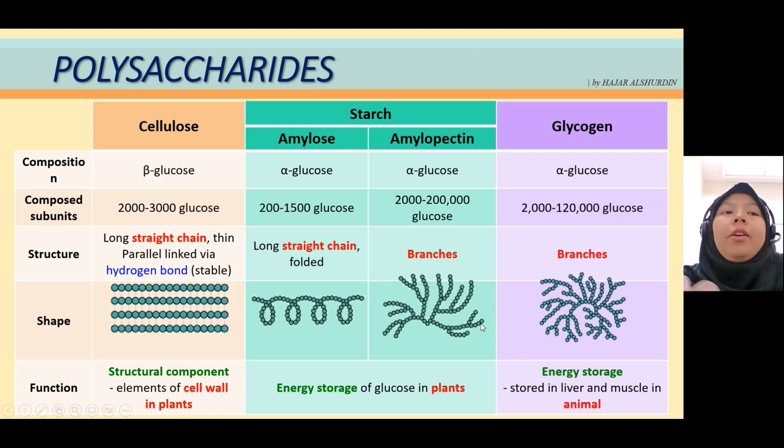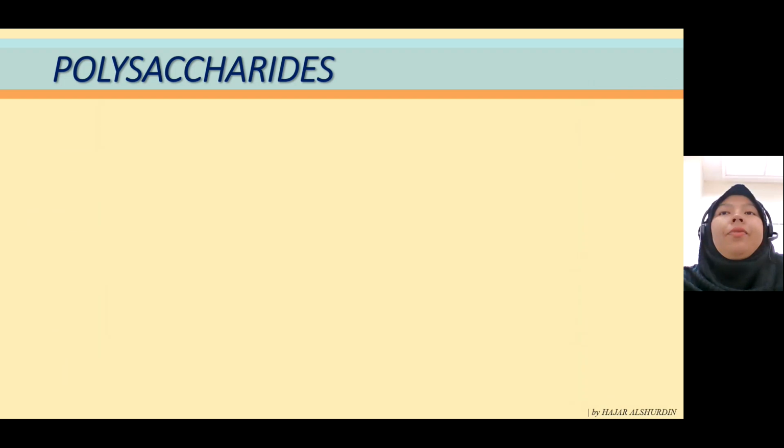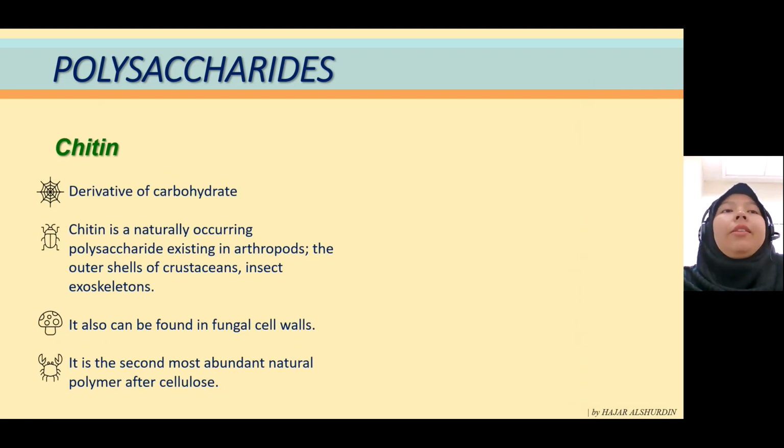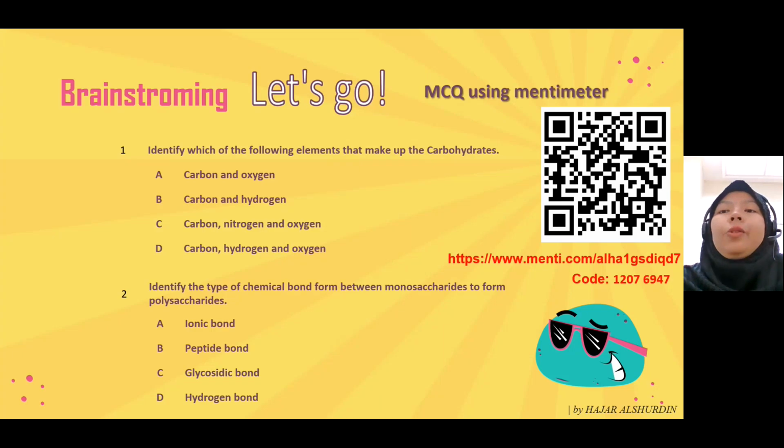This is chitin, present in the cell wall of fungi and also in the exoskeleton of insects. It is the second most abundant natural polymer after cellulose.